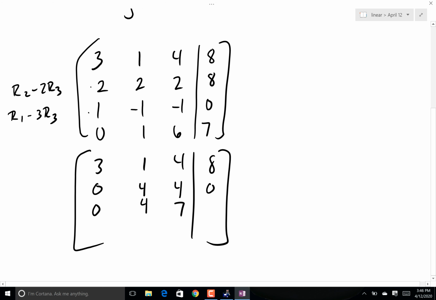And then 8 and 0 is 8, I'm sorry. I did that wrong on the other one too, didn't I? R2 minus 2R3. Yeah, these both should be 8s. Correct. And then I didn't touch the bottom one.